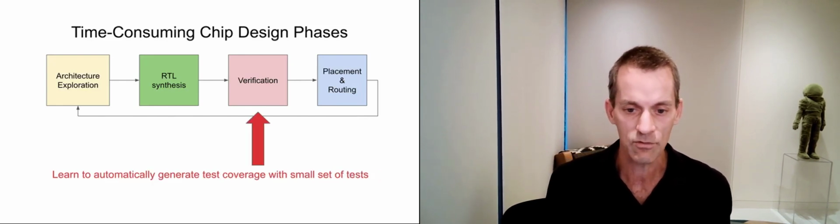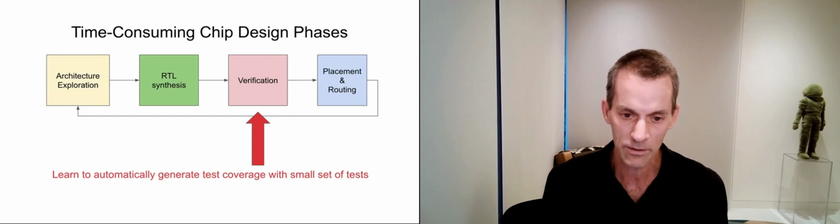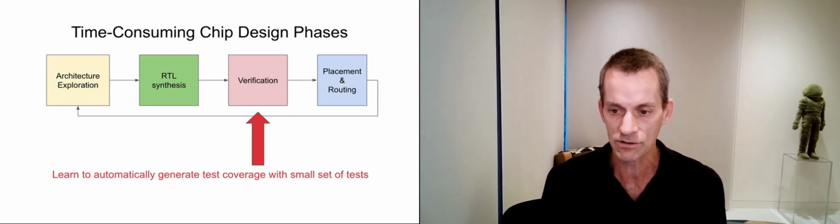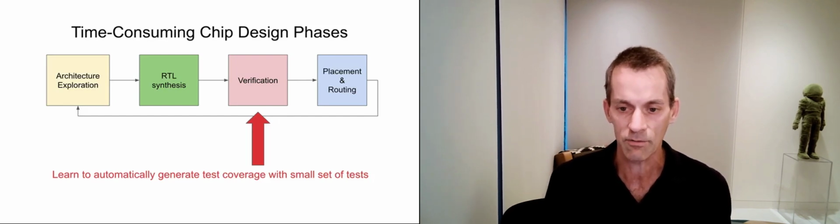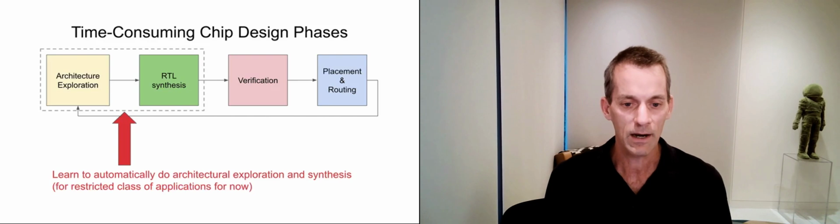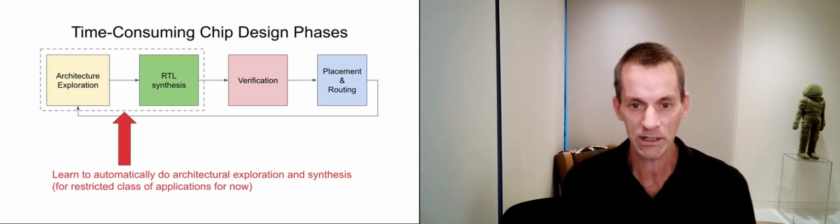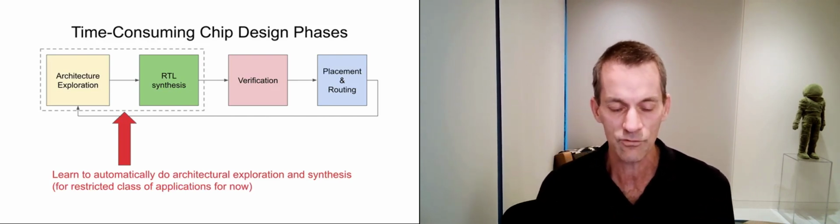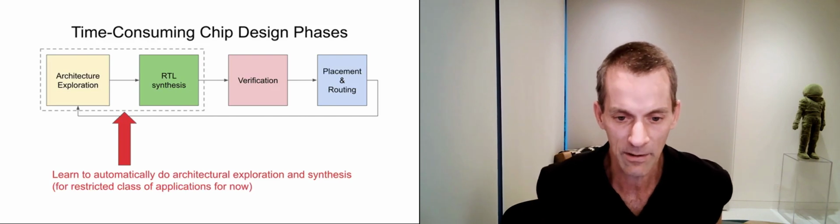Verification is a very time-consuming phase, and we can actually use learning to automatically generate test coverage with some small set of tests. So we can expand the set of tests and cover things that we know we want to cover in a more automated way. And then I think architecture exploration and RTL synthesis are really interesting high-level aspects of chip design.